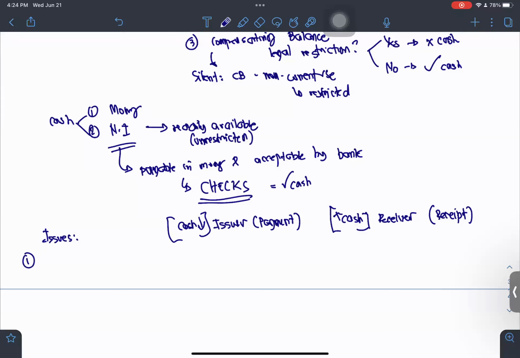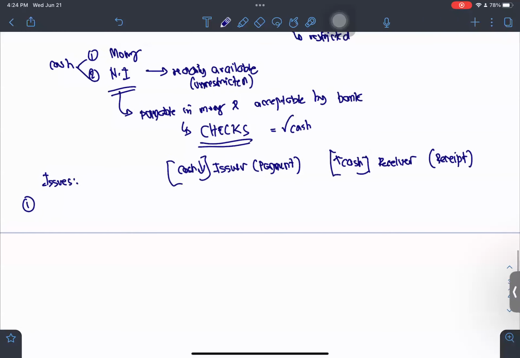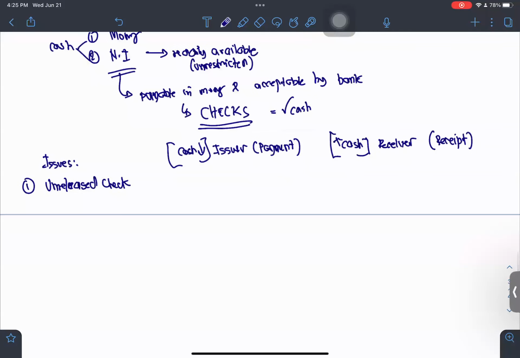So the first issue as to your check is known as your unreleased check. So what is an unreleased check? An unreleased check is a check in which you are to pay or to issue, however, you did not release it. Okay?